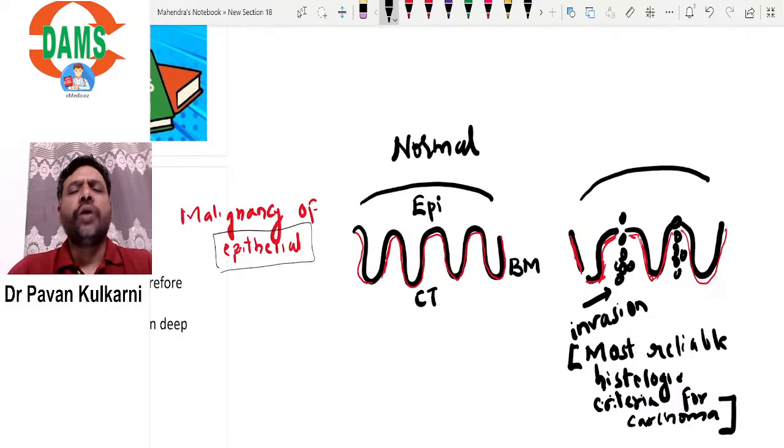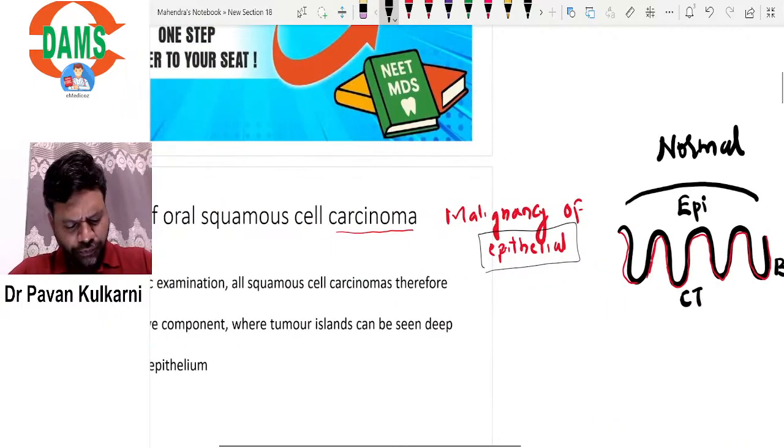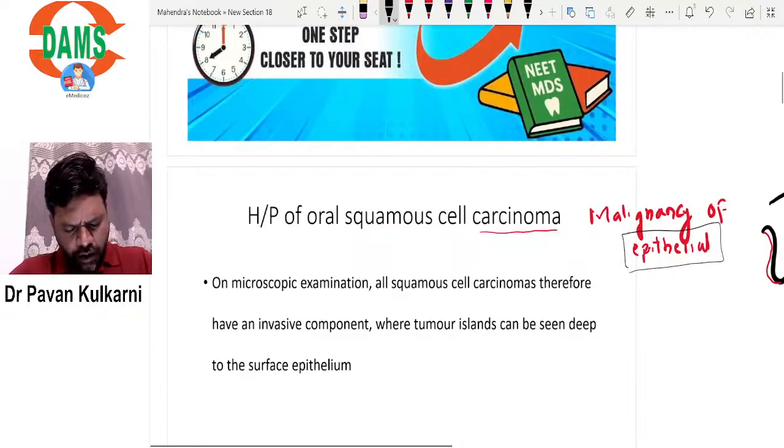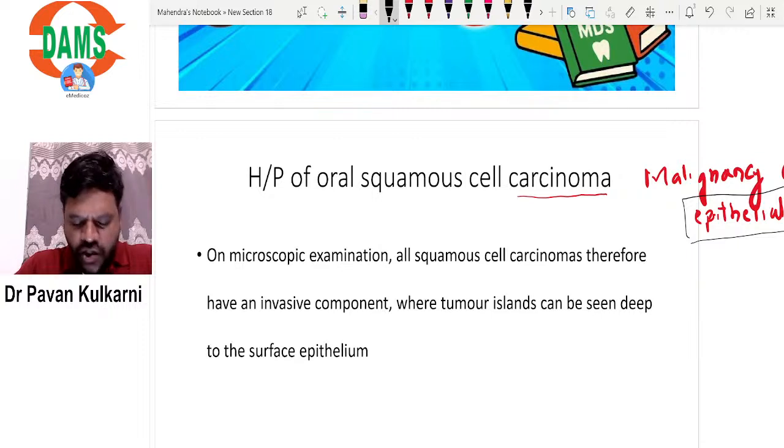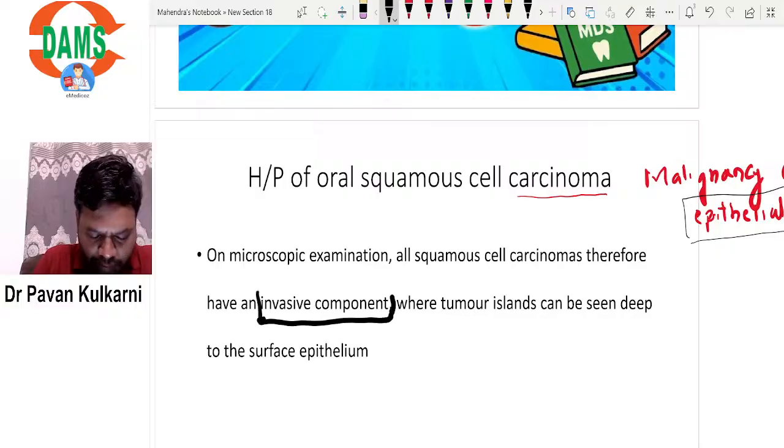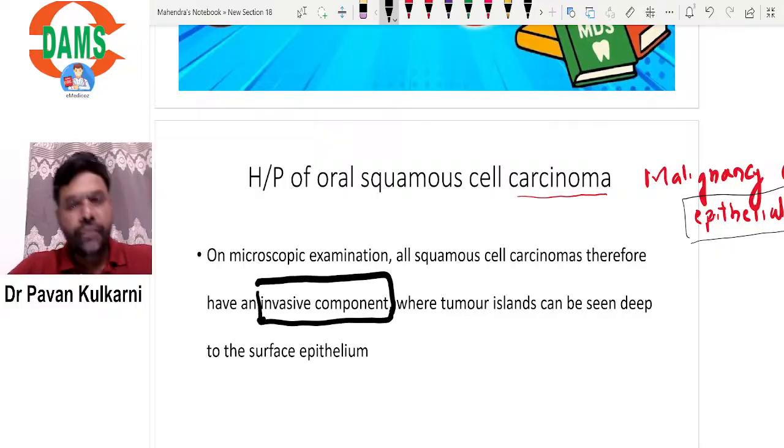Oral cancer is nothing but squamous cell carcinoma. On microscopic examination, all squamous cell carcinomas have an invasive component.